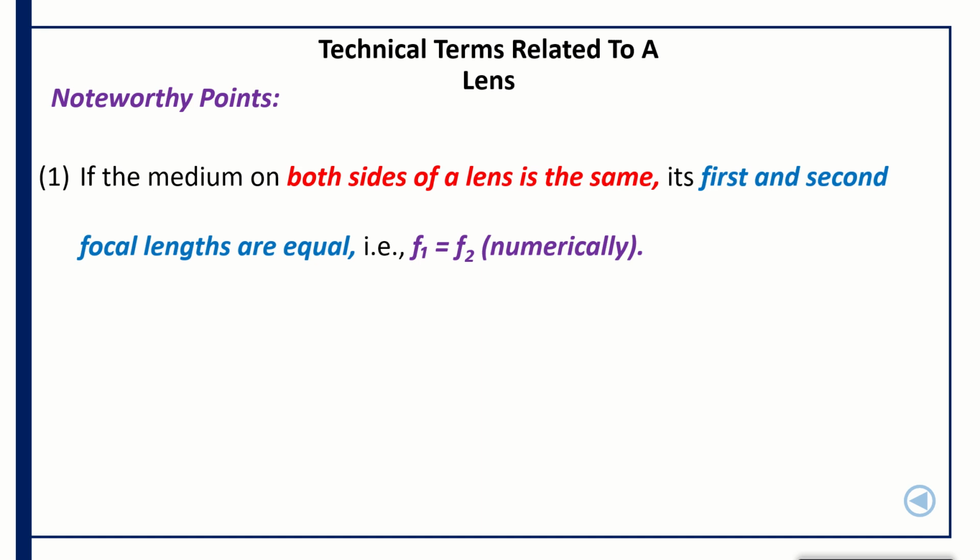So if the medium before the light is incident and after the light emerges out are both the same, then the primary focal length and secondary focal length will be numerically equal to each other.